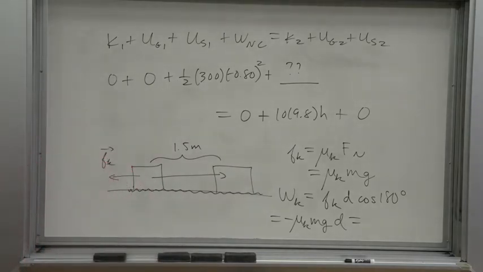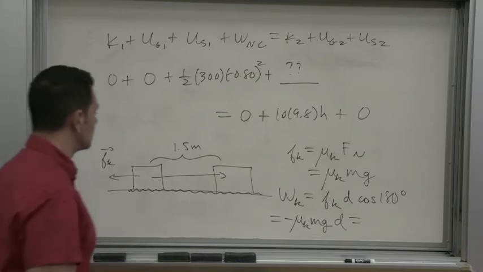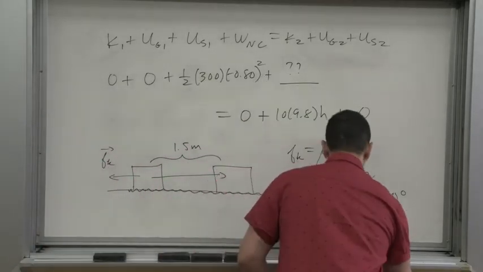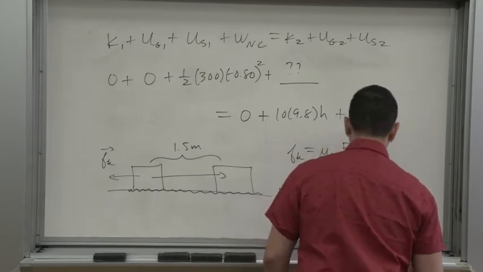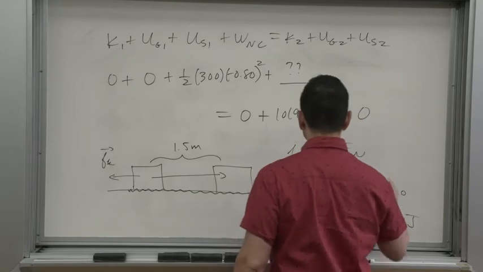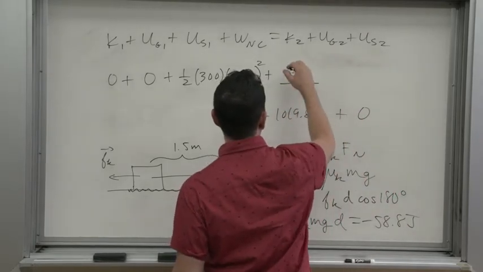So this gives me minus 58.8 joules. That's what goes up here.